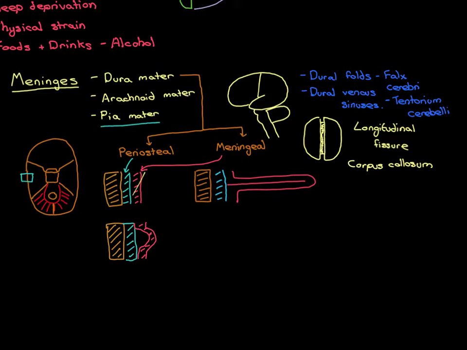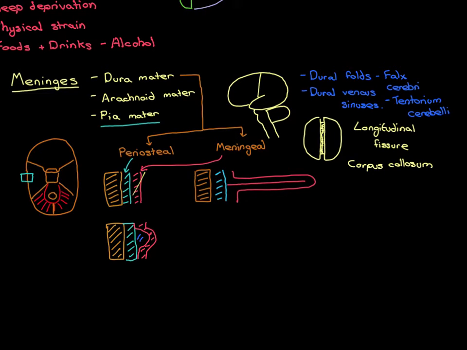And this, we could fill it with venous blood, so I'll colour that in blue there, and that can now be a dural venous sinus. So this is how we create dural venous sinuses, by creating spaces in between the two layers of the dura mater, the periosteal dura mater and the meningeal dura mater.